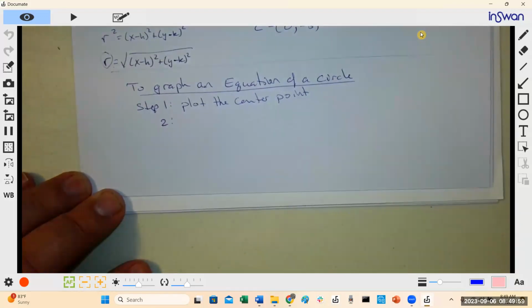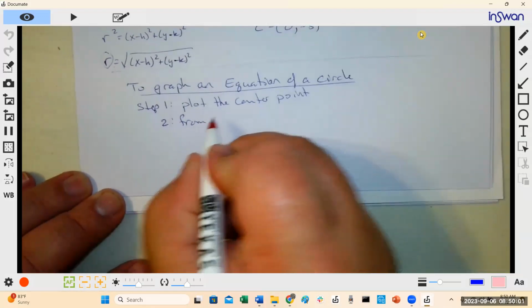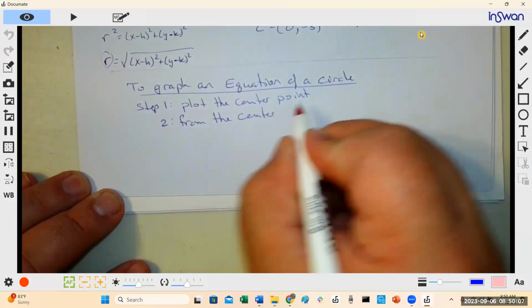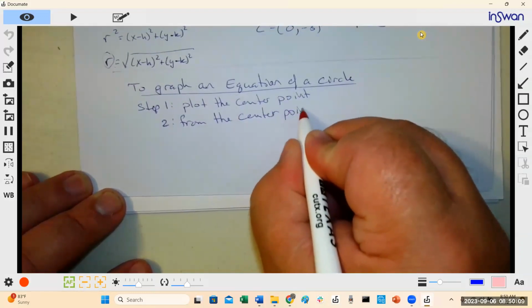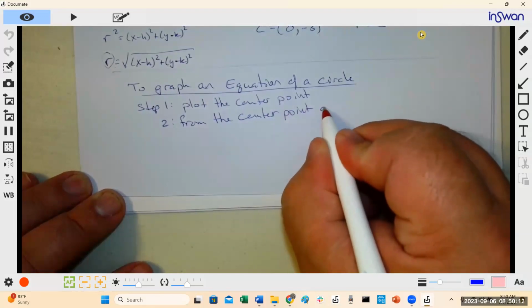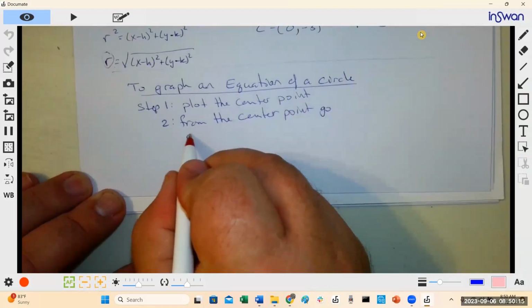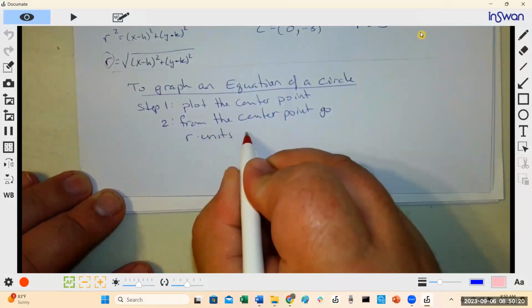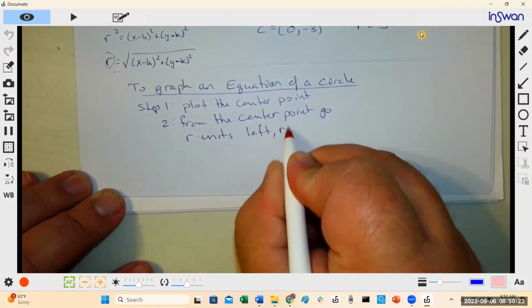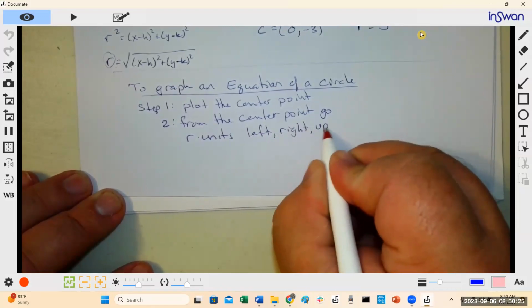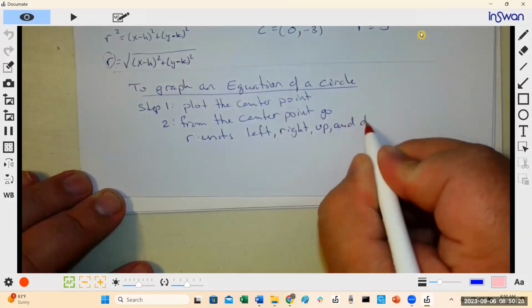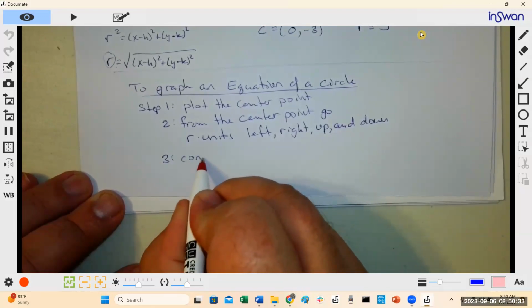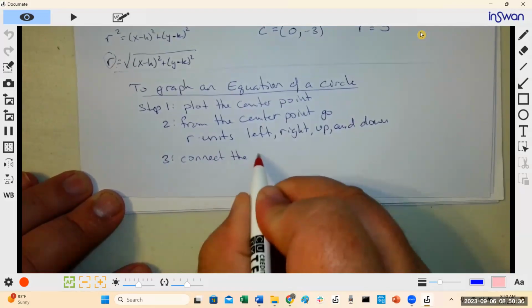Step 2, from the center point, go r units, the radius, left, right, up, and down. And step 3, connect the dots.